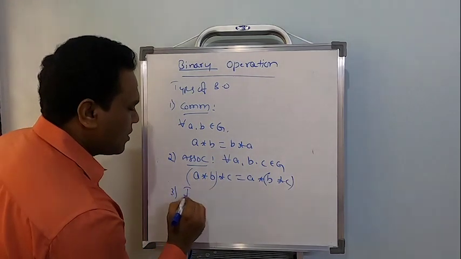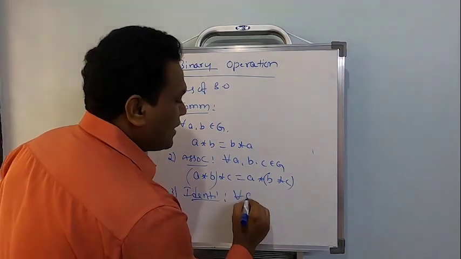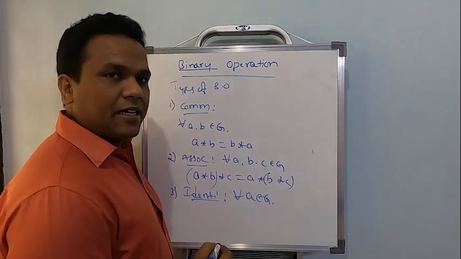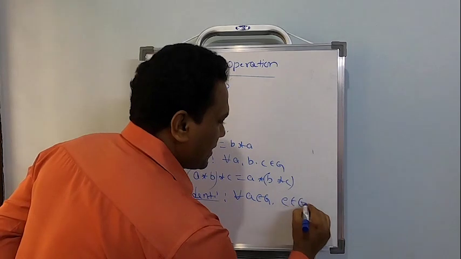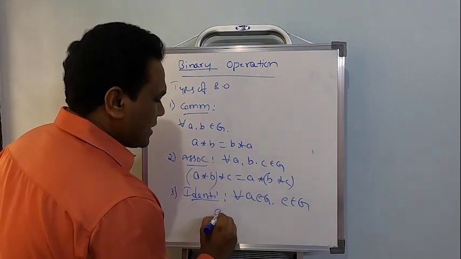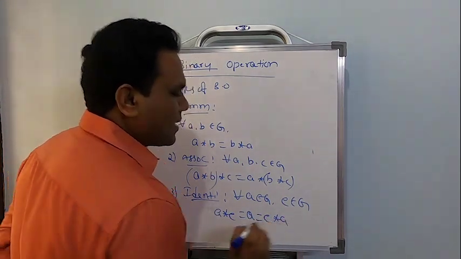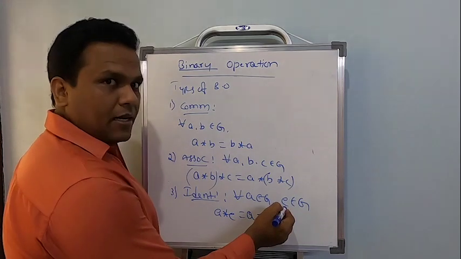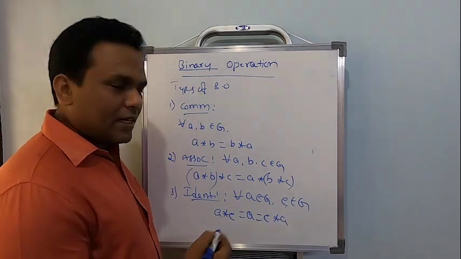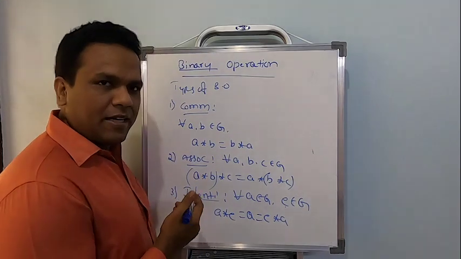Then the third one, what is called identity. For every element a belonging to the given set, if there exists one particular element called e belonging to the given set, such that a star e is equal to a is equal to e star a, if this one particular element behaves like this, then we say that the identity element exists.